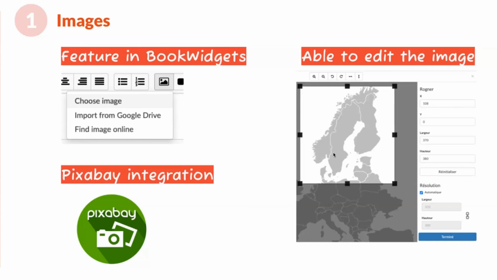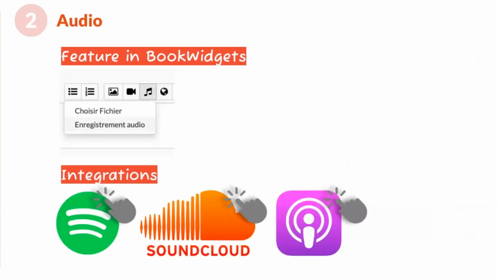And then you can edit the image if you need to, change the size, crop some things out accordingly. Audio is also great. So wherever you see that rich text editor, you will be able to add both images, audio, embed, and video.